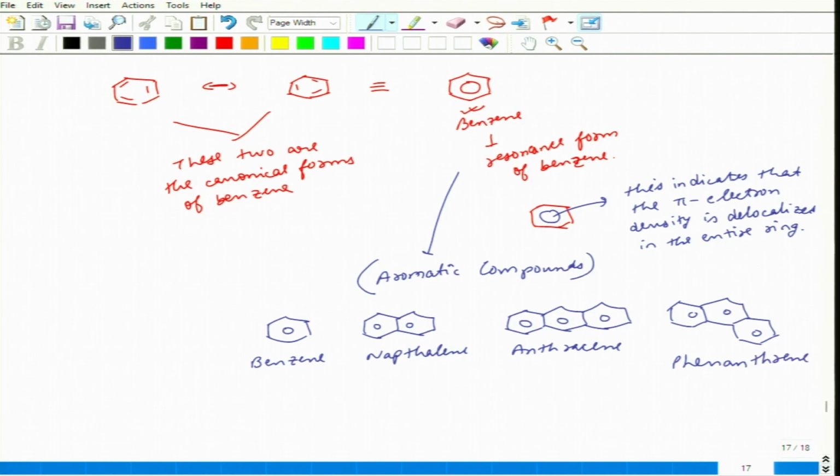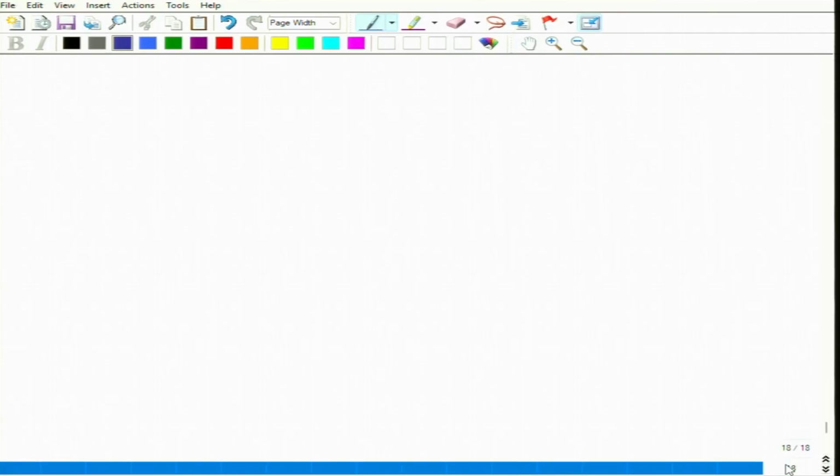All of these are aromatic compounds. In all these molecules there are alternate sigma and pi bonds, and in all those cases the ring conjugation takes place in the entire ring. Now we will discuss in detail what these aromatic compounds are and how we can synthesize them. So, starting with aromatic compounds.